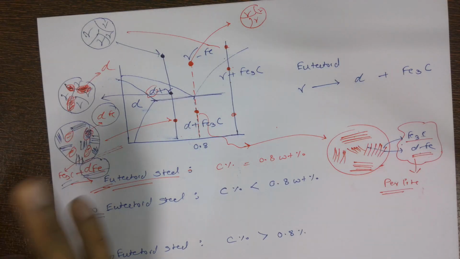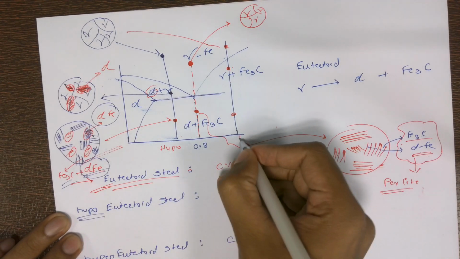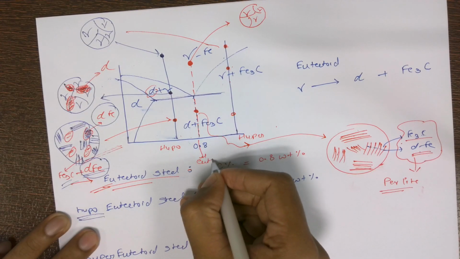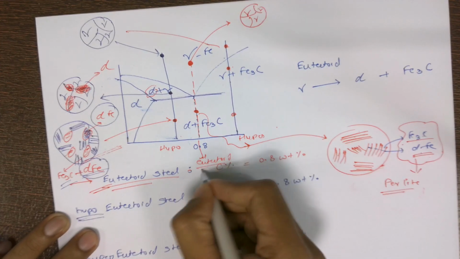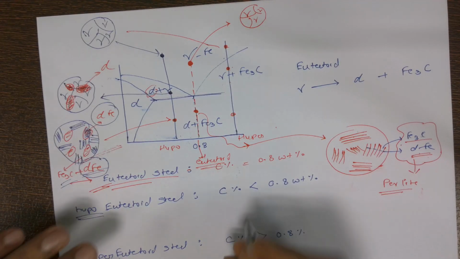Okay, so this is how the hypereutectoid and eutectoid will be there.